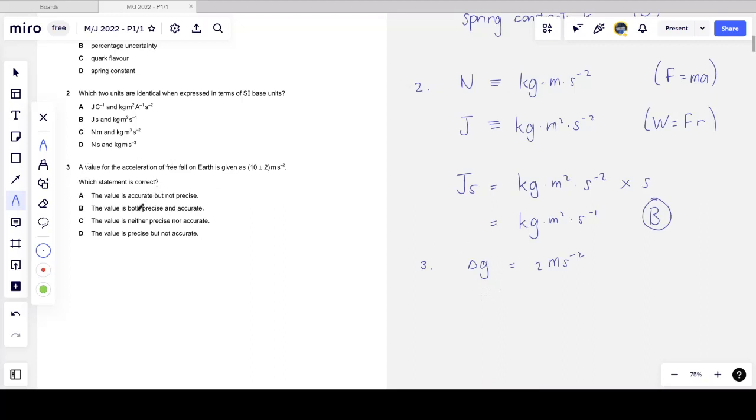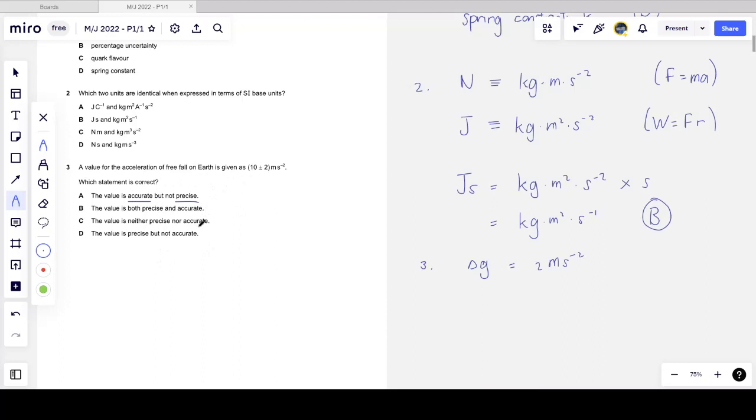So the four statements here: A says the value is accurate but not precise. B says the value is precise and accurate. C says the value is neither precise nor accurate. And D says the value is precise but not accurate. So the two important words there are accuracy and precision.